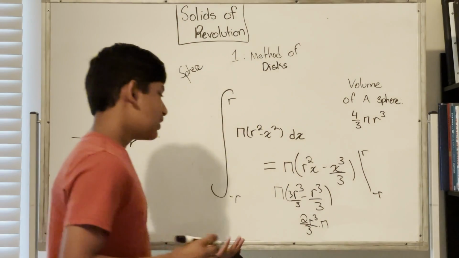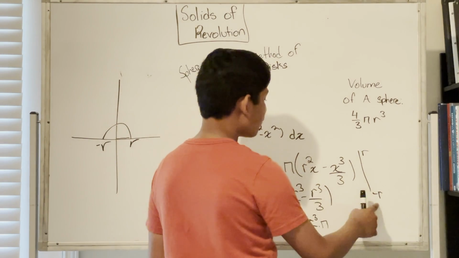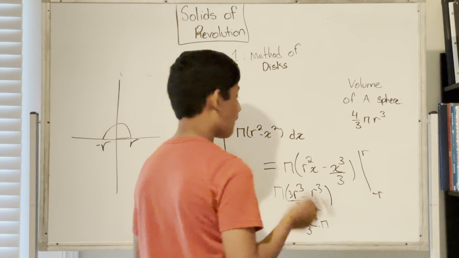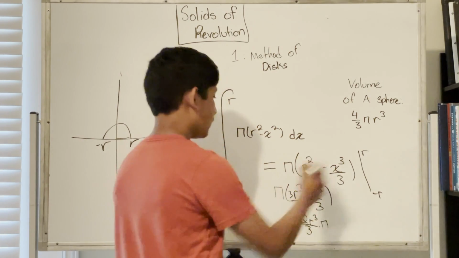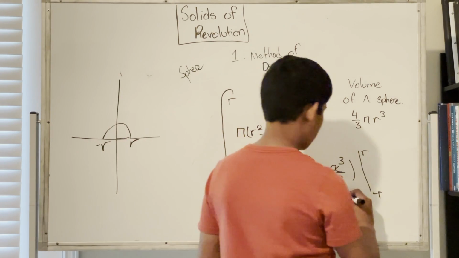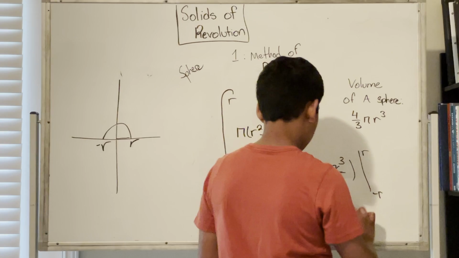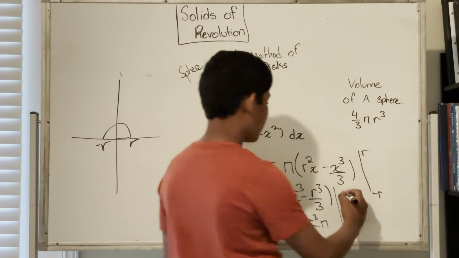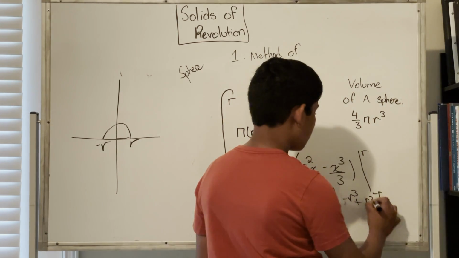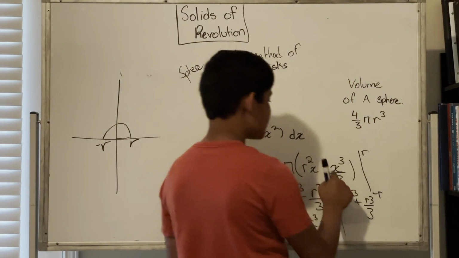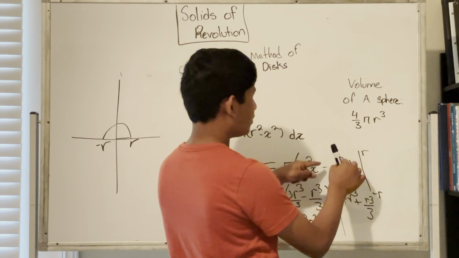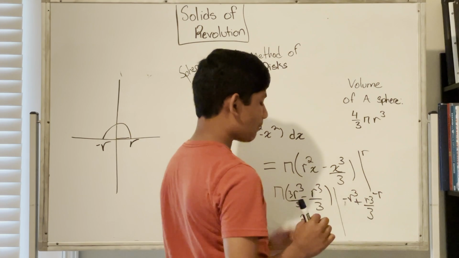Now that we've got this, we have to evaluate it for minus r. For minus r, we're going to have minus r cubed, and then minus minus r cubed over 3. Separating this, we have minus r cubed plus r cubed over 3, since the minuses cancel out and we get a plus.